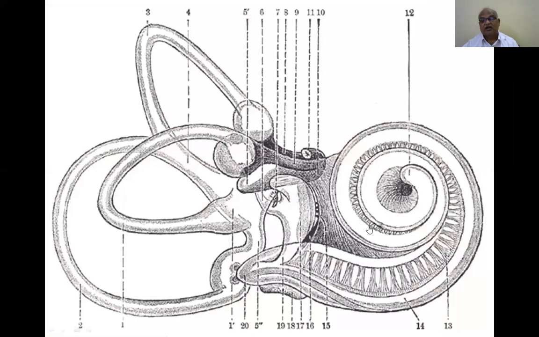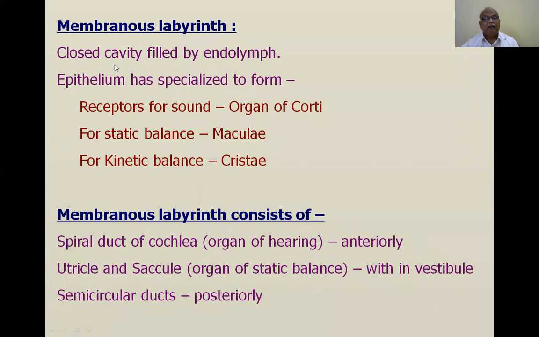So this is the cochlea. The membranous labyrinth is a closed cavity filled by endolymph that is present inside the bony labyrinth, because the inner ear is otherwise called the labyrinth: outer bony labyrinth, inner membranous labyrinth.